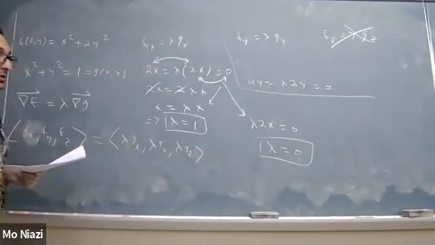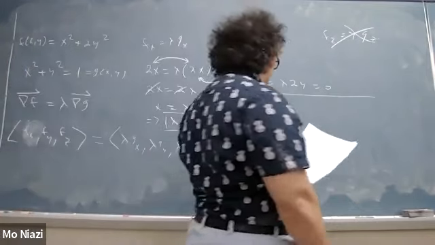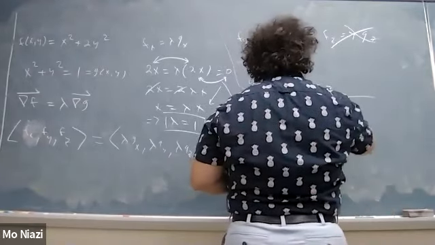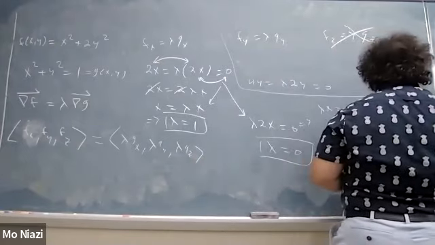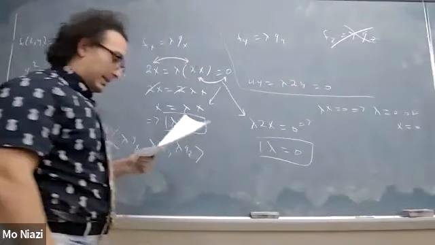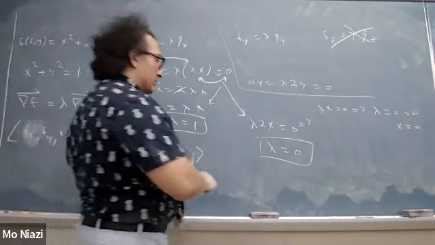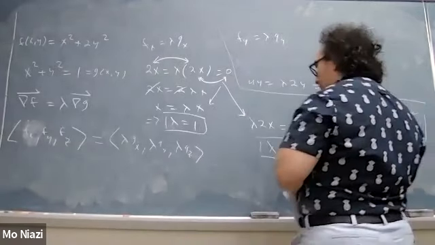We know x is non-zero. But even so, if we get this and divide by 2, I get lambda x is equal to 0. This implies lambda is equal to 0, or x is equal to 0, and we don't want that. So let's think about this here in this box.